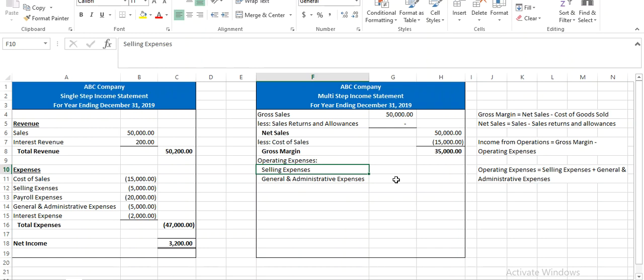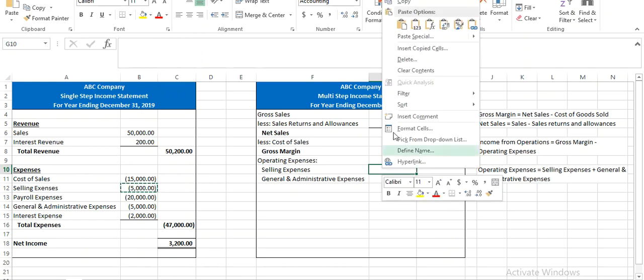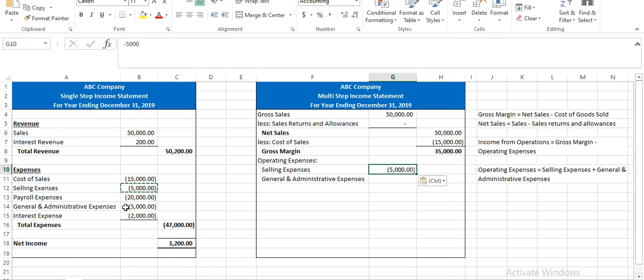And so companies in merchandising organizations usually separate these because it's important to know how much cost will actually happen regardless of how much I sell. And then it's important to know how much cost I incurred just to sell these products. So they do separate that in a multi-step income statement. So we will just take this information directly from our single step. Selling expenses were $5,000.